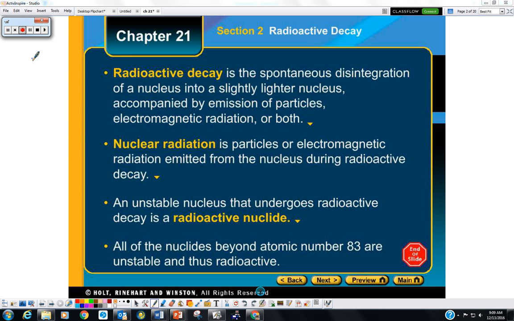The last natural element, I have to look that up. I don't know it off the top of my head. I know at some point they all become synthetic, and I can't remember right where it starts. I want to say it's 103, but I'm not sure. All of the nuclides beyond atomic number 83 are unstable and thus radioactive.